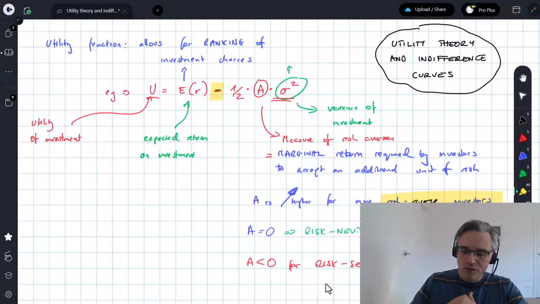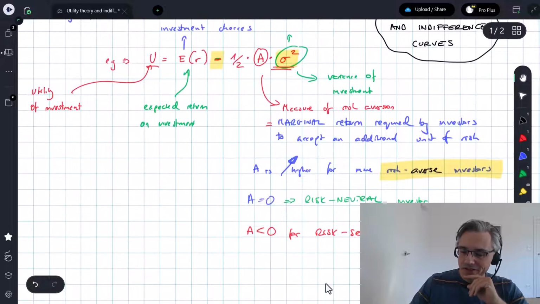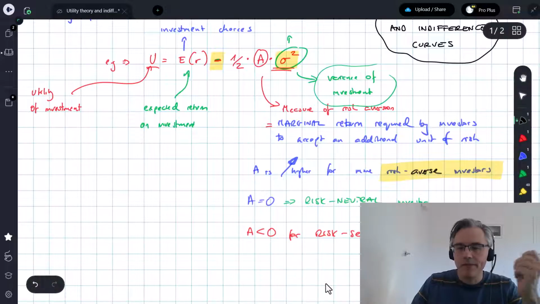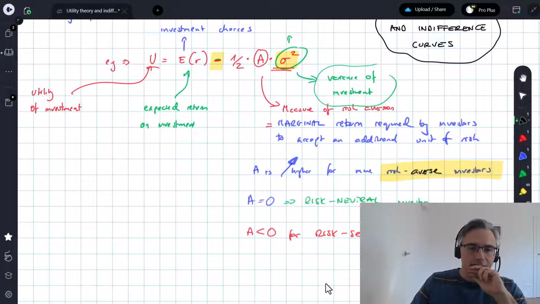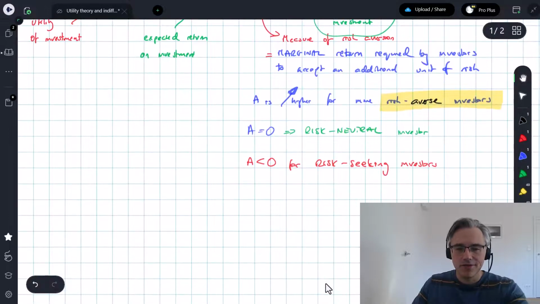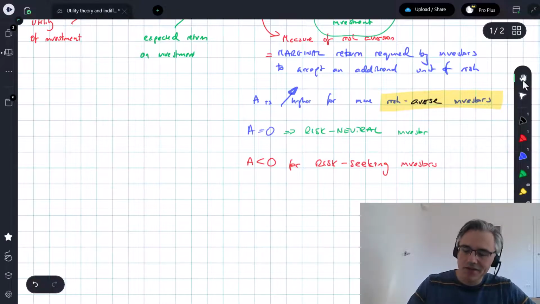So the more risk there is, the more utility they feel. Of course, variance of the investment, the dispersion of returns is the measure of risk chosen here. You'll be given this function in the exam if you need to use it, but if that's the case, probably it will be that specific function.